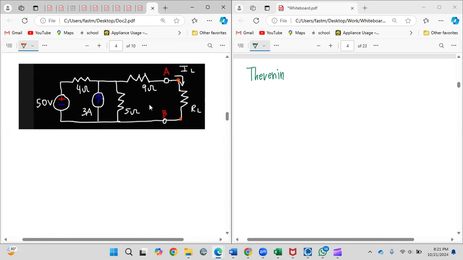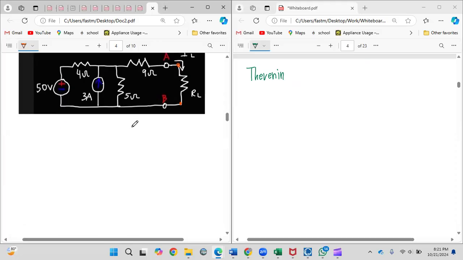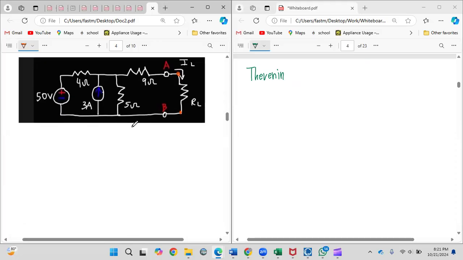So if you have the entire circuit reduced to one resistor and a voltage source, you can manipulate your RL and you can know how the current will change depending on how you manipulate it, which is the beauty of Thevenin and Norton. Literally with that you don't have to care about anything else in the circuit.